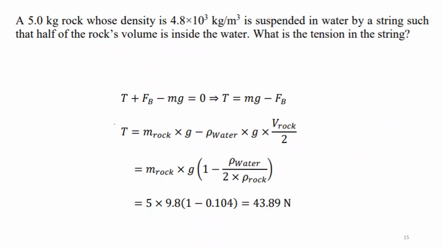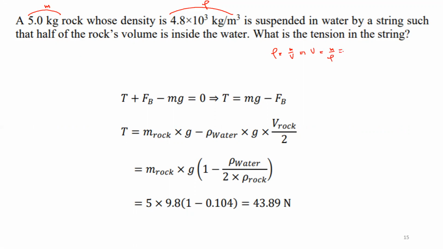So we have a rock of mass 5 kilogram of density 4.8 times 10 to the power 3 kilogram per meter cube. Okay, so I'm giving you basically the volume. Okay, rho is mass divided by volume. Volume is mass divided by rho.